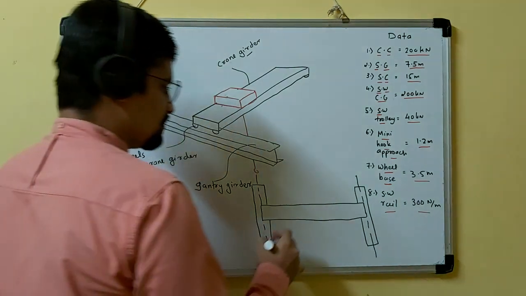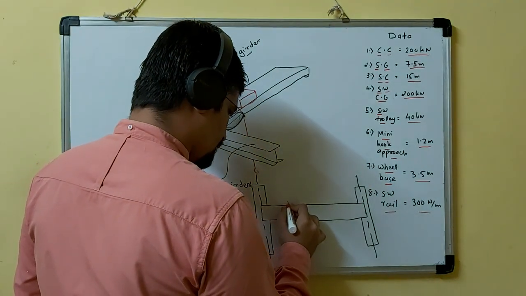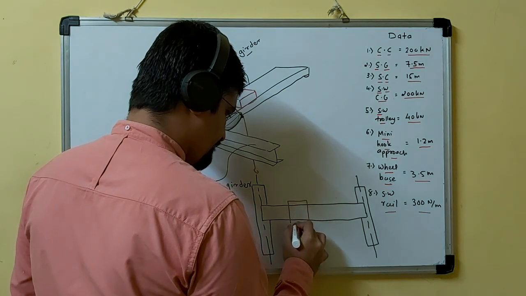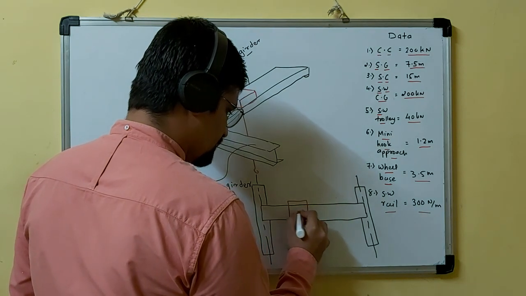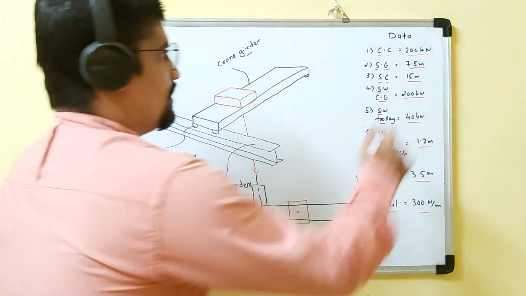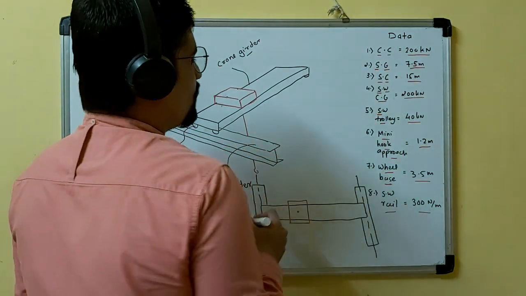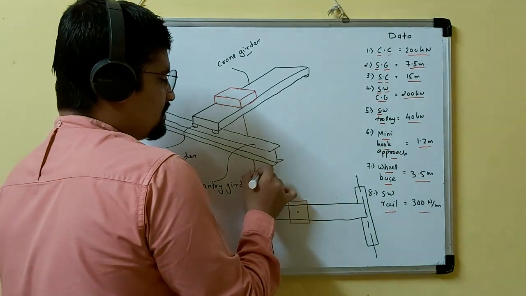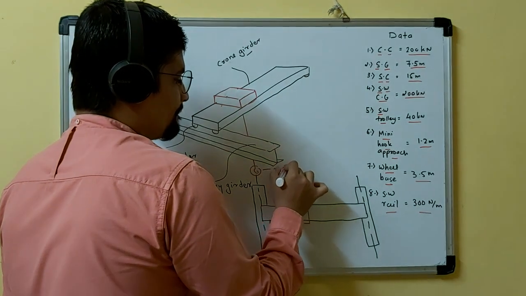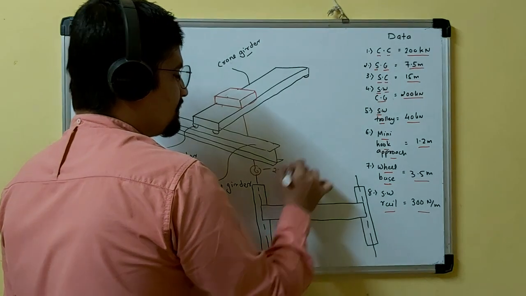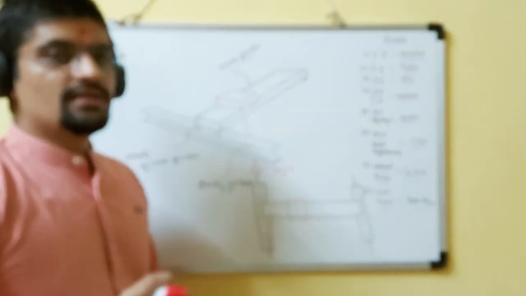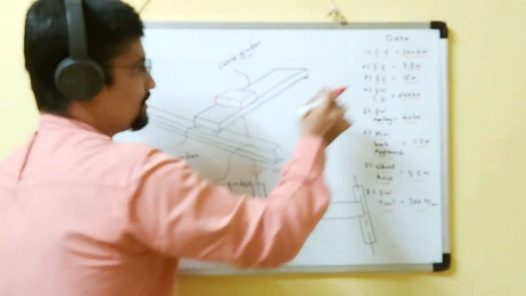So the trolley will be here. I think the hook will be in the center. Okay. Now, crane capacity is 200 kilonewton. Means the hook is lifting the weight of 200 kilonewton.